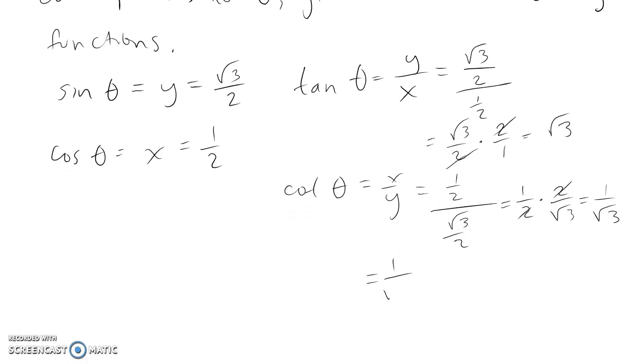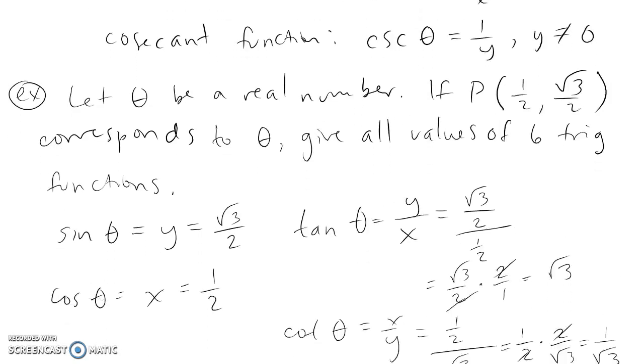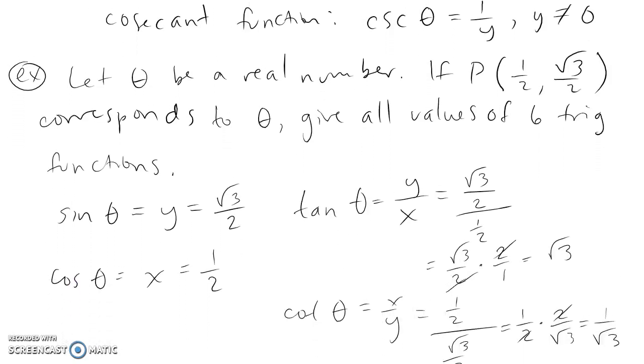If you remember, we have to do something called rationalizing it. So I'm going to multiply both the numerator and the denominator by the square root of 3 so that my denominator becomes a rational number, 3. Okay? Now I didn't do cosecant and secant, but you can do that. Based on the definitions above, I think you understand what's going on. Yeah?